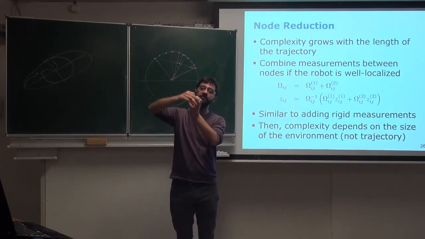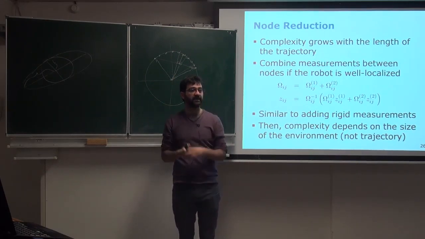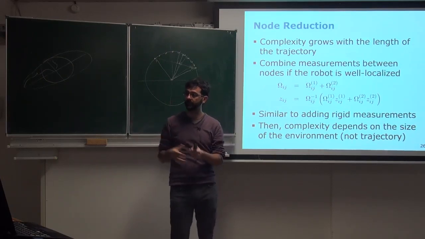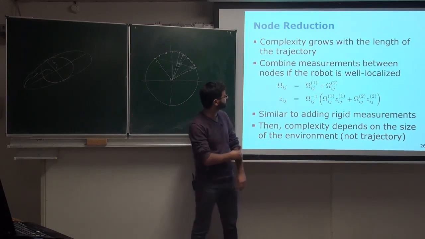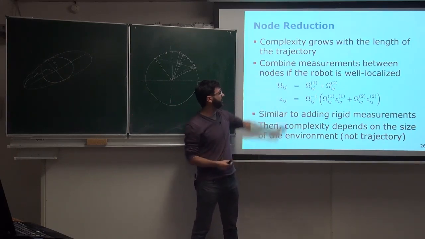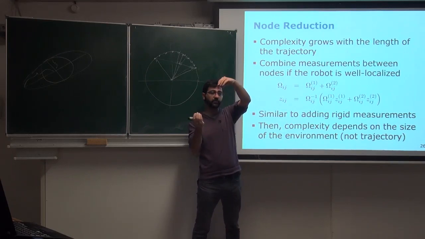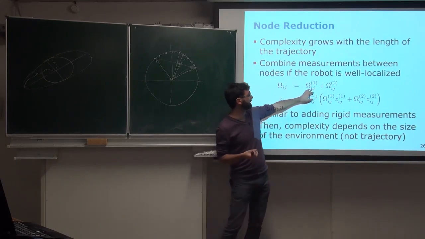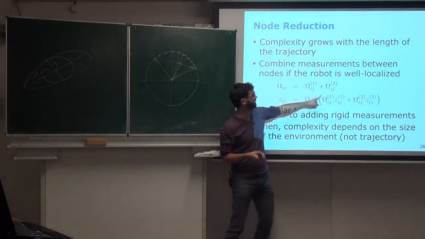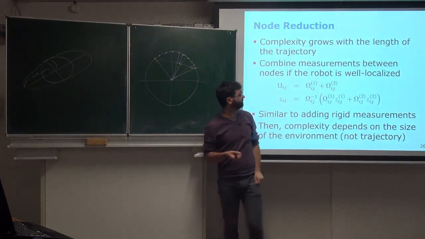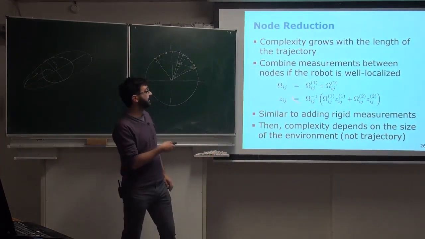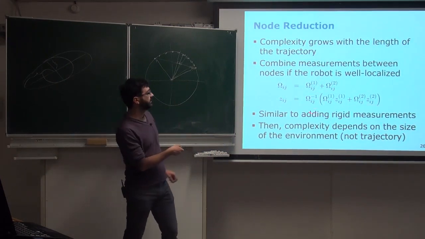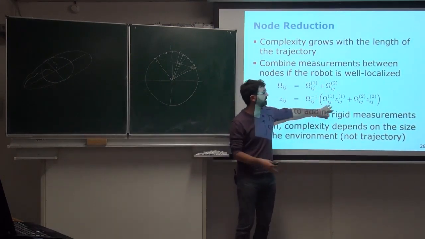So you want to somehow collapse them into a single place and have a complexity that grows with the size of the environment and not the length of the trajectory. Okay? And the idea here is that if the robot is well localized, you can just say, okay, I'm not adding a new node, I'm just localizing in the node before, but I'm putting the information that I have right now, so this, let's say, in loop 2, together with the information of loop 1. And similarly, you can update the measurement by just doing a weighted sum of the information.